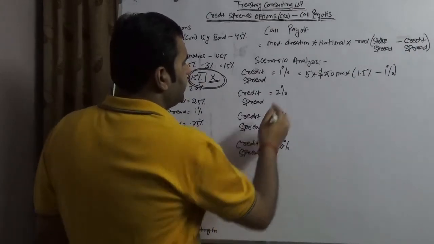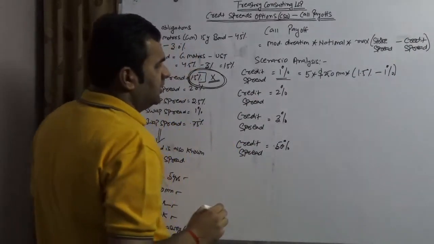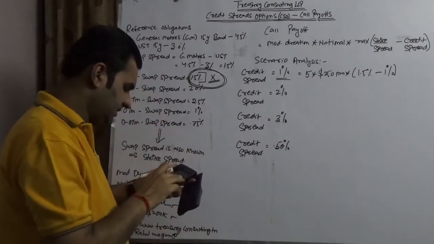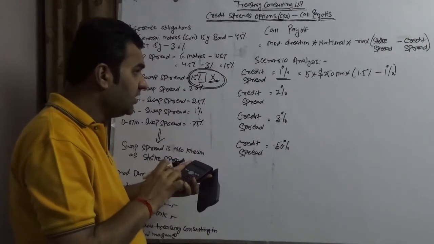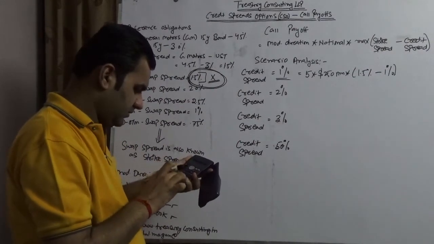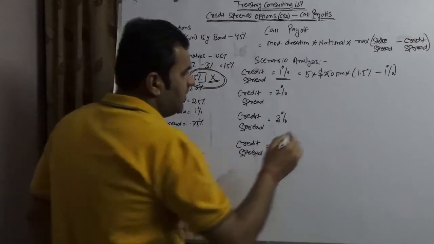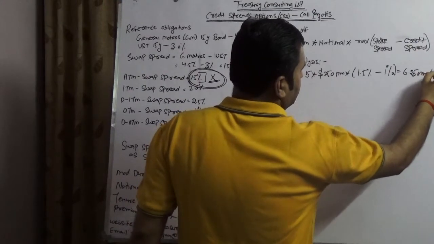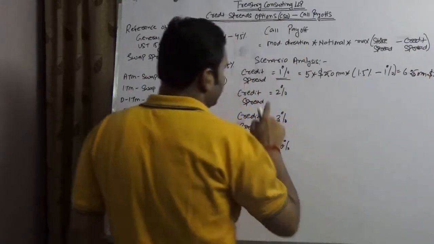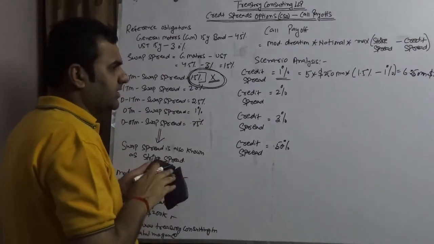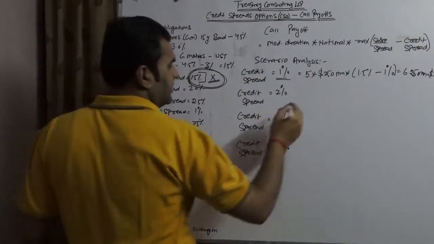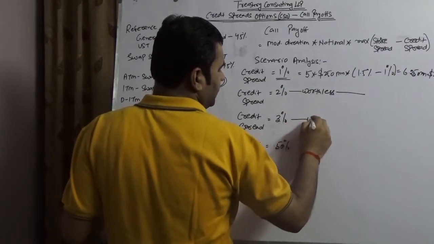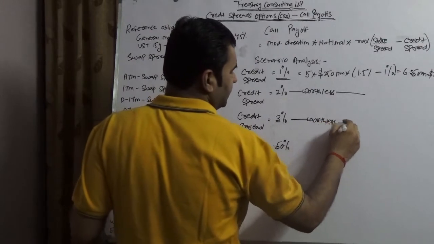Now assuming credit spread turns out to be 1%. So how much are they making? 5 into 250 into 0.5%. They would be making 6.25 million minus 200k. Suppose it goes to 2%, assuming credit spread goes to 2%, then it would be worthless. If it goes to 3%, then it would be worthless.